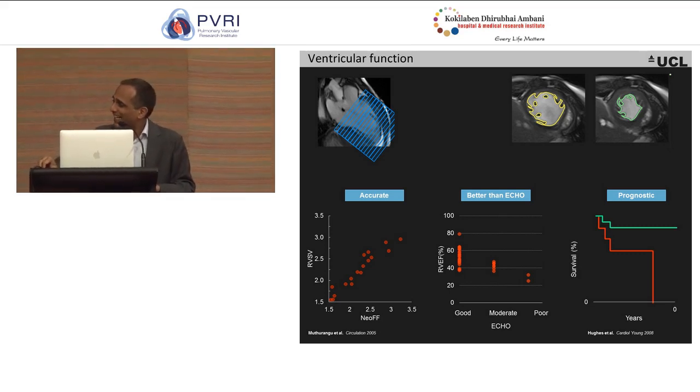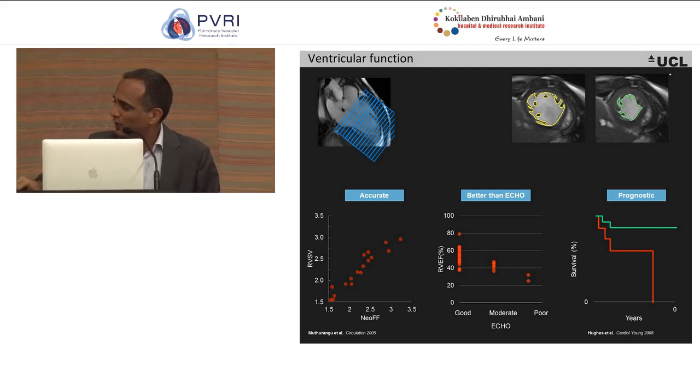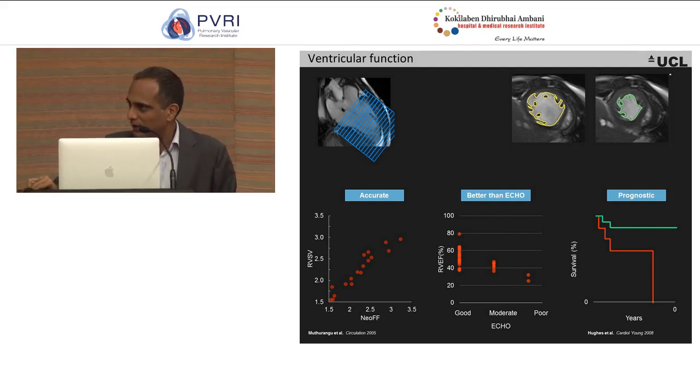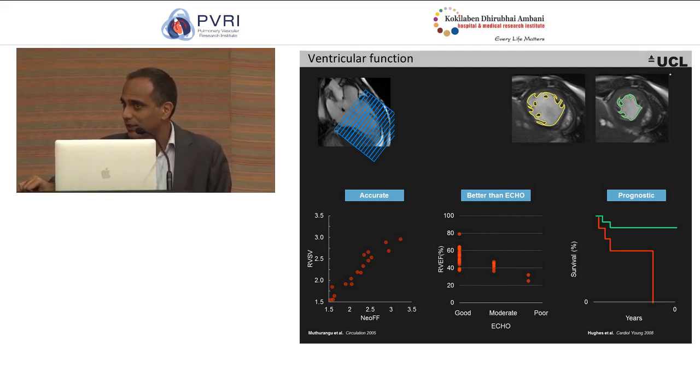I don't know the data for this specific sequence for MRI, but when they were validated, the interclass correlations were better for most MRI modalities than other modalities, so the reproducibility is good. I would personally consider it a gold standard. There's no such thing as a gold standard otherwise, but the inter-observer variability and interclass correlation are the tightest for MRI measurements than any other modality I'm aware of.